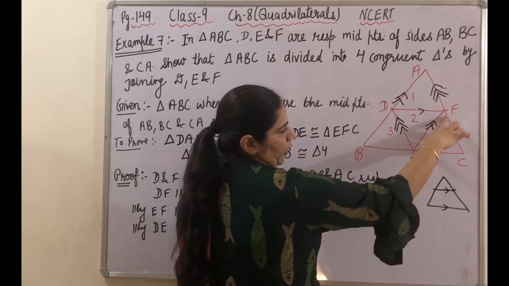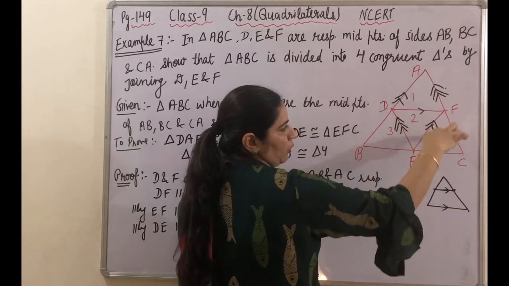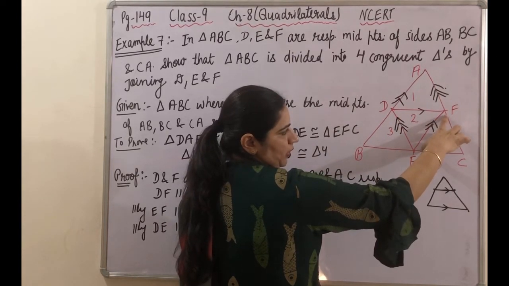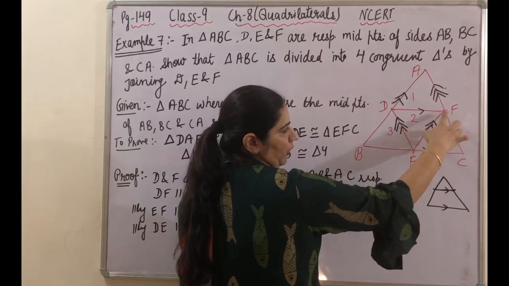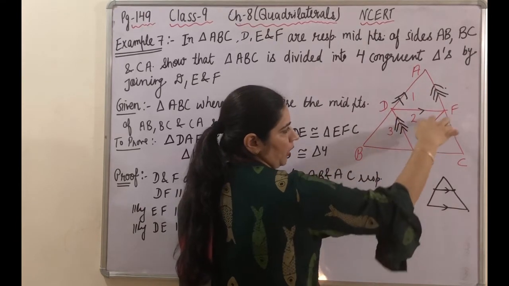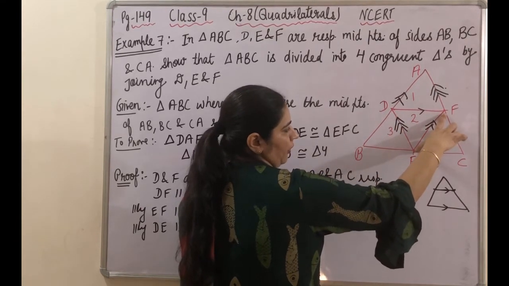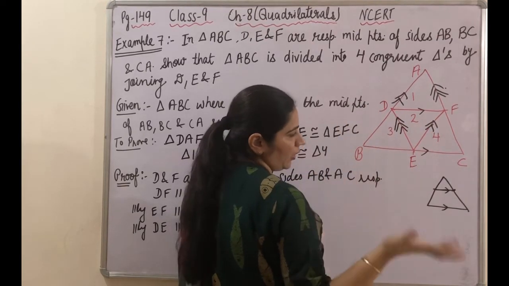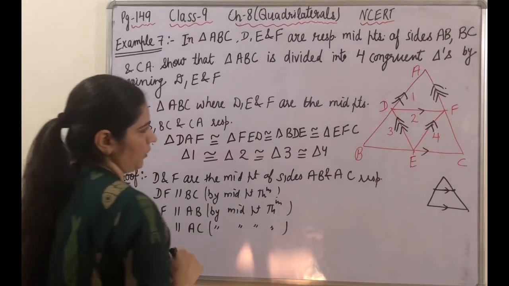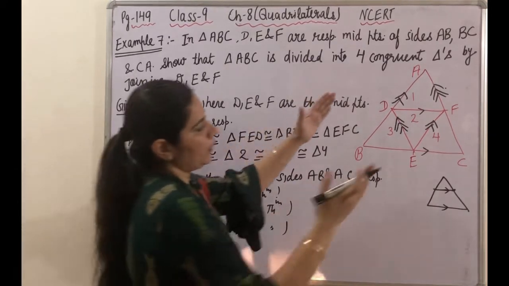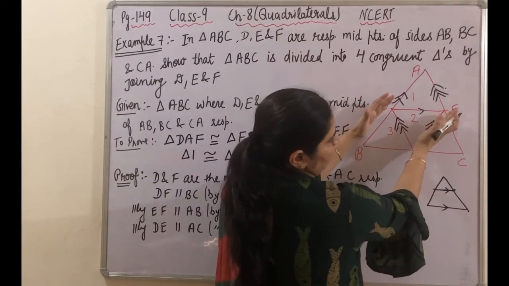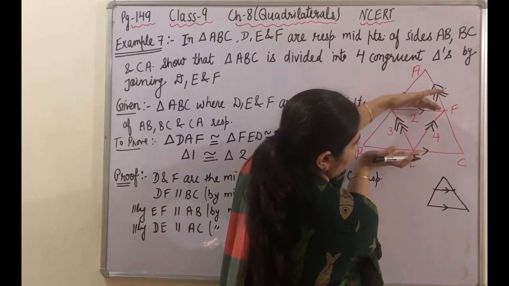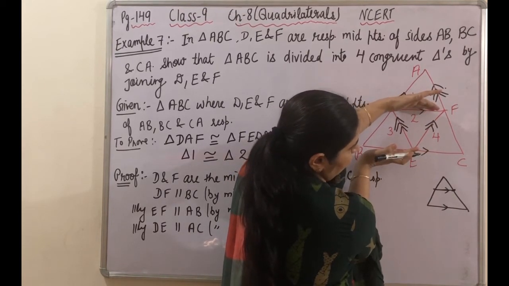When I want to prove the other one is a parallelogram, I will use EF parallel to BD. It will be according to our requirement. When 2 pairs of opposite sides are parallel, we can say it's a parallelogram. These 2 are parallel, these 2 are parallel, so it will be a parallelogram.